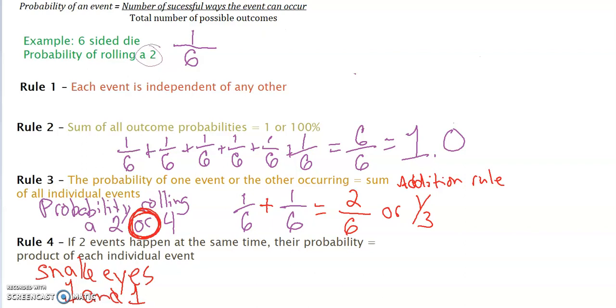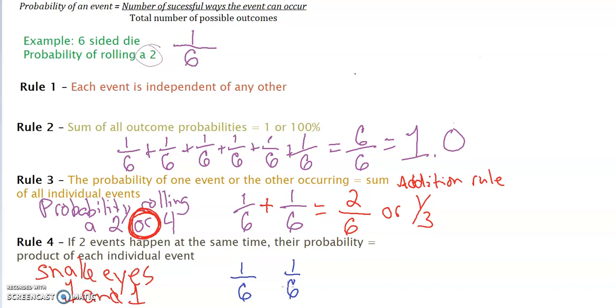So rolling a 1 and a 1 at the same time would mean you'd have to have 2 things happen at the same time. So again, we can think about these 2 as separate events, but then we're going to combine them together. So the probability of rolling a 1 is 1 out of 6. The probability of rolling another 1 is also 1 out of 6.